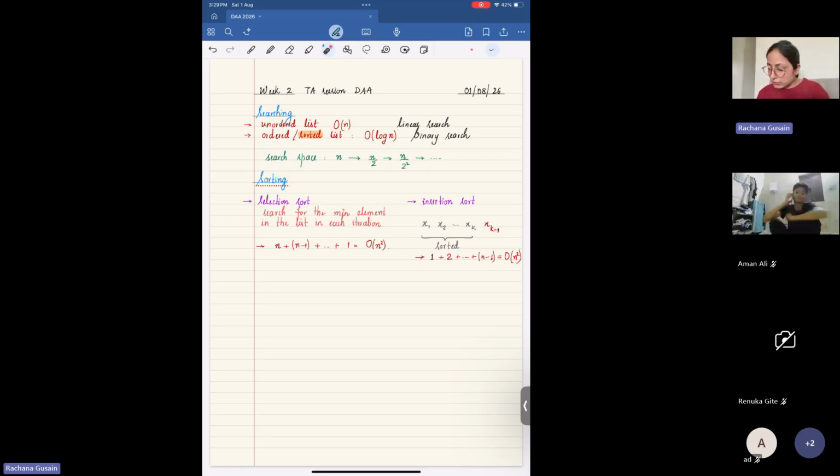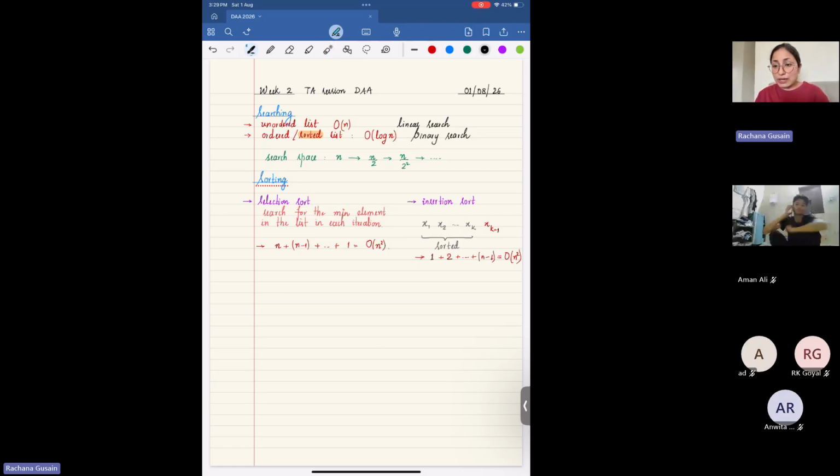Specifically, in case of selection sort as well, after k iterations, I have a prefix which is sorted, and then the remaining list is unsorted.